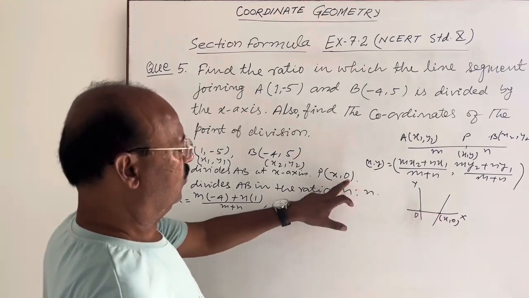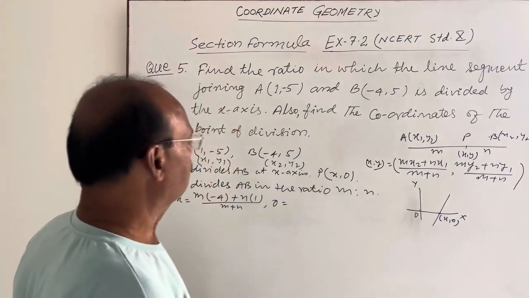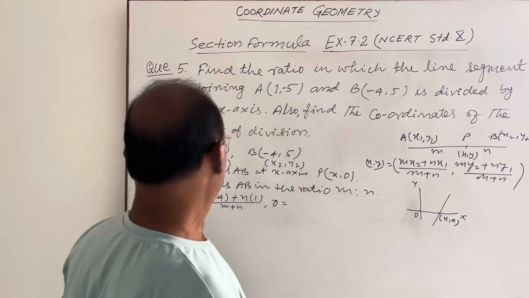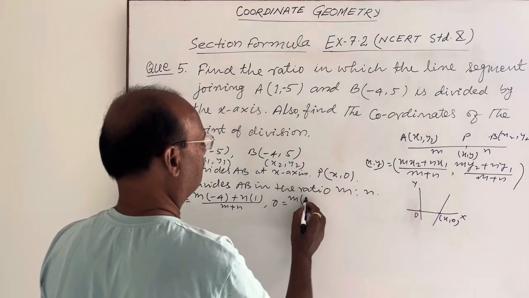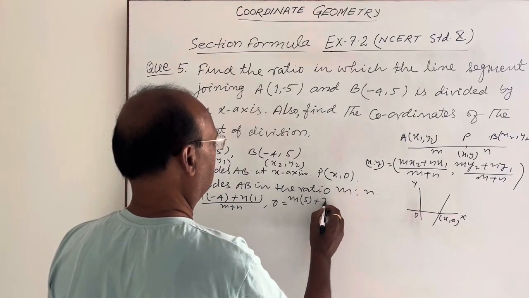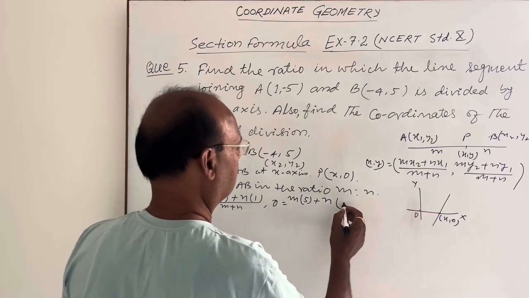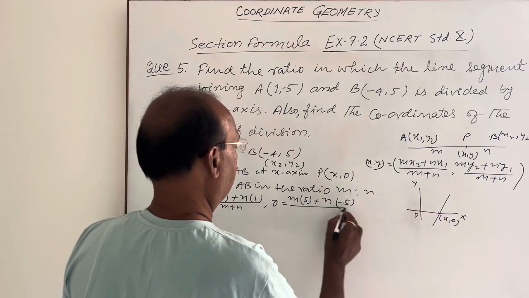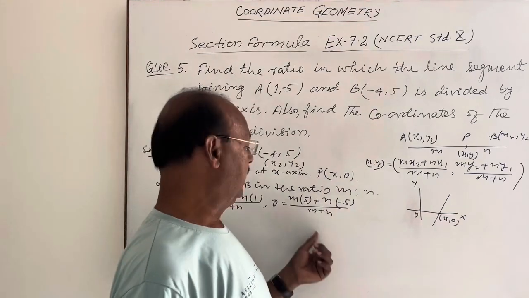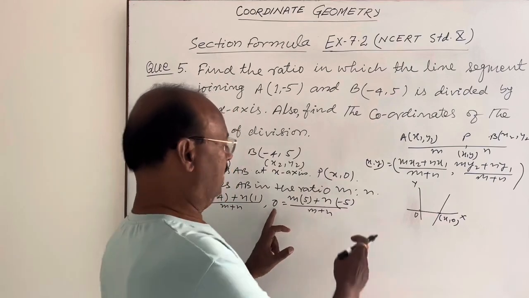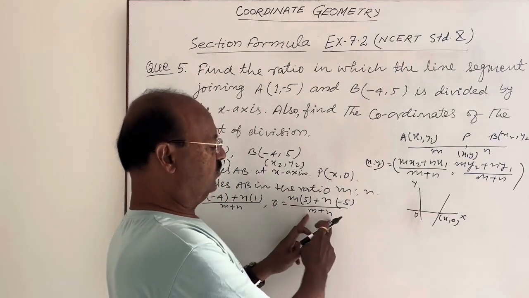Similarly, the y coordinate 0 is equal to (my2 + ny1)/(m + n), so my2 is 5m plus ny1 is -5n, divided by m + n. So here we can find the ratio m:n very easily with the help of this relation. By cross multiplication, 0 into (m + n) will be 0.